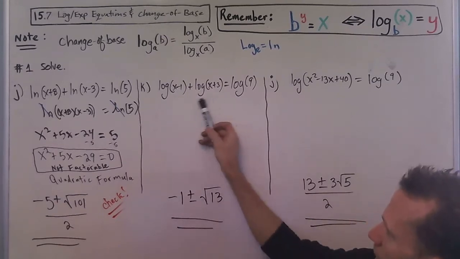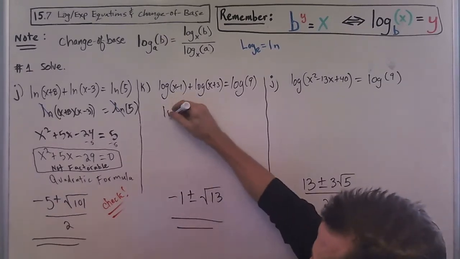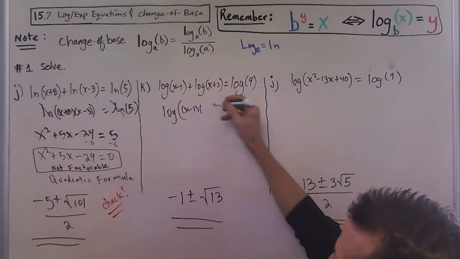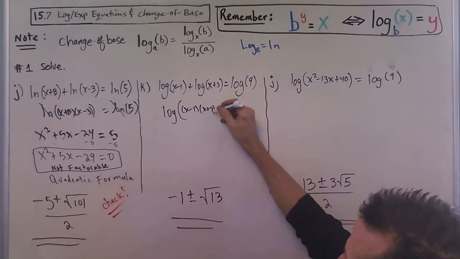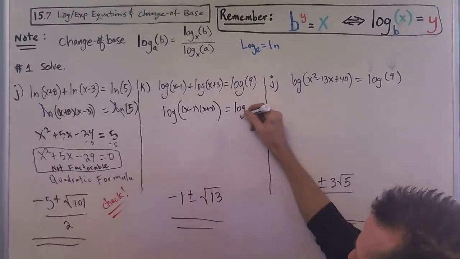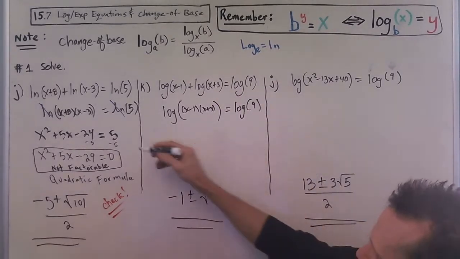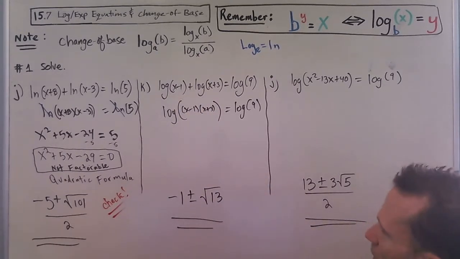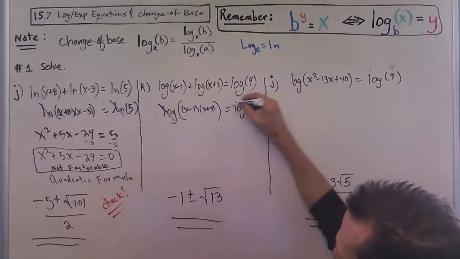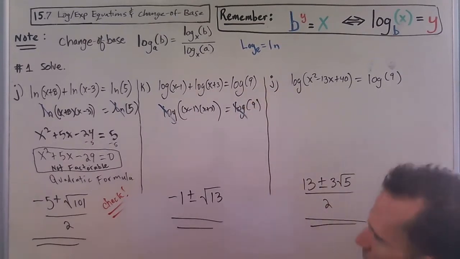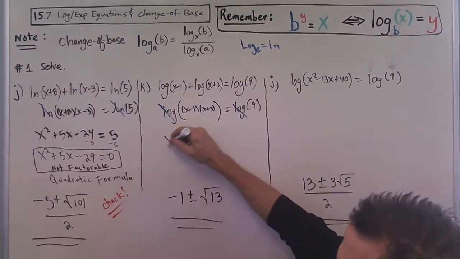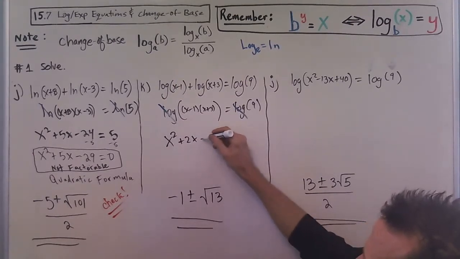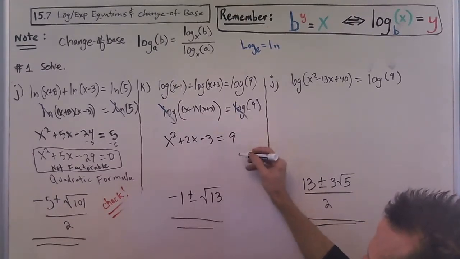All right. Now in this next one, we're going to combine these two to make log of x minus 1 times x plus 3 equals log of 9. And similar to this problem, we can cross out the like base logarithm here. And we have x squared plus 2x minus 3 equals 9.